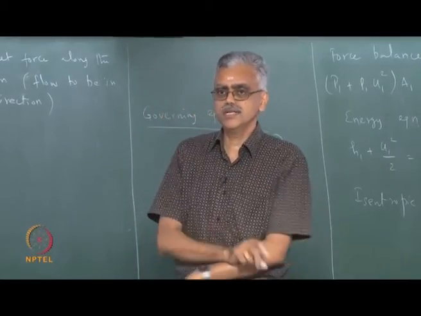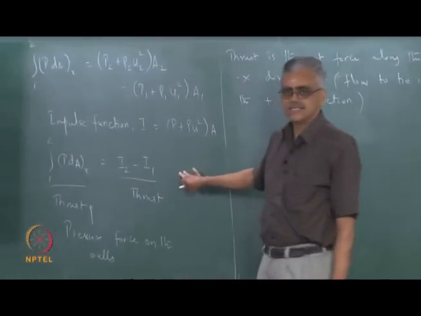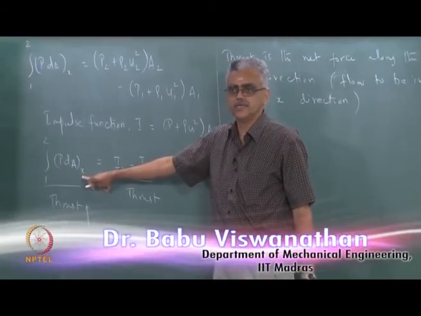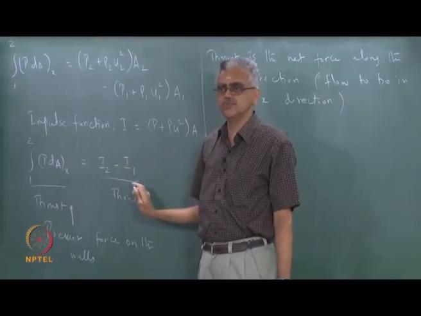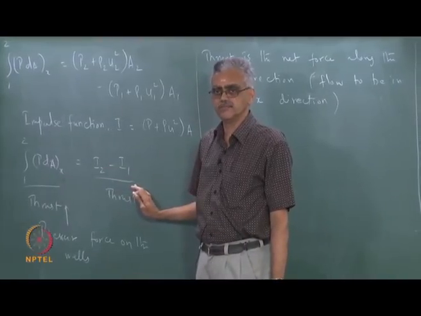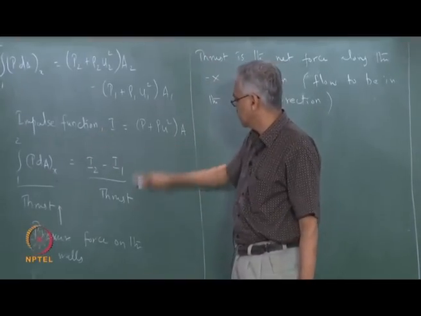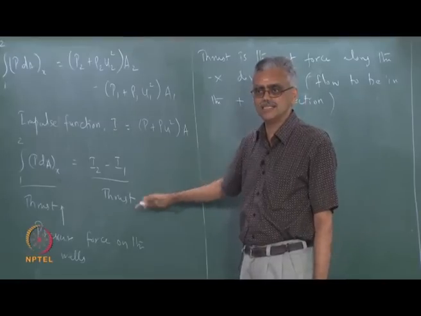So, you must understand both. In the actual course, we will use this formula extensively and exclusively, because it is impossible to calculate this quantity in a practical situation. But you must understand that both will give you the same answer. So, this is how impulse function is related to thrust. Thrust is equal to I2 minus I1. We will expand this formula in the next class and continue.